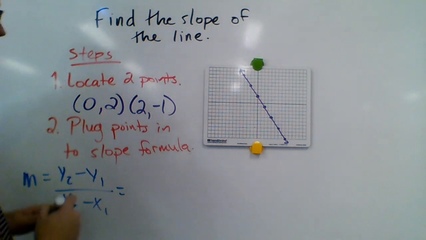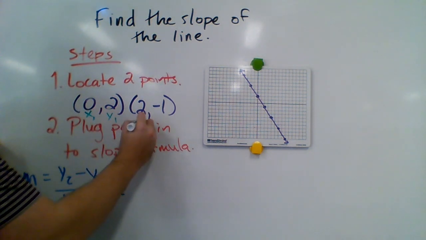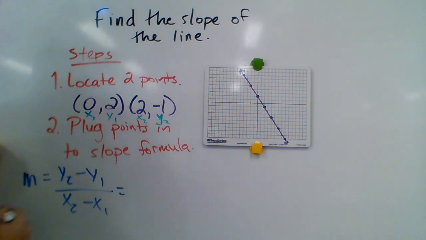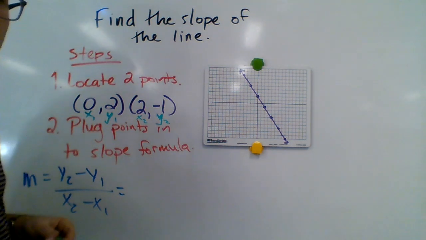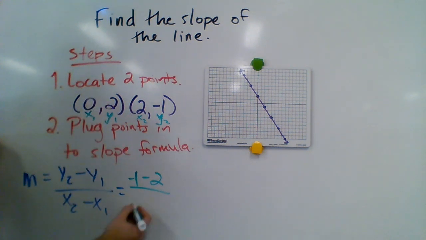Let's go back here and label them. Remember, this is my first x, my first y, my second x, my second y. So when I plug them in, my y2 is -1, my y1 is 2, my x2 is 2, my x1 is 0.